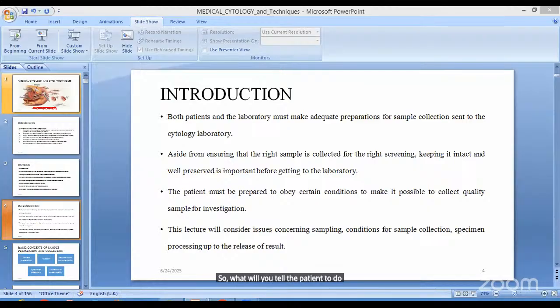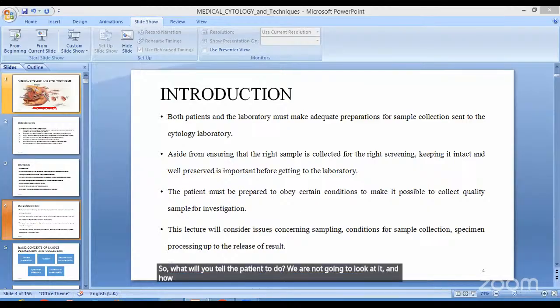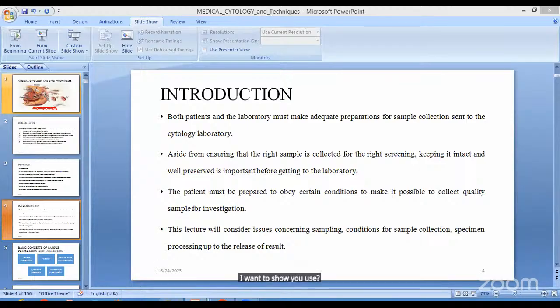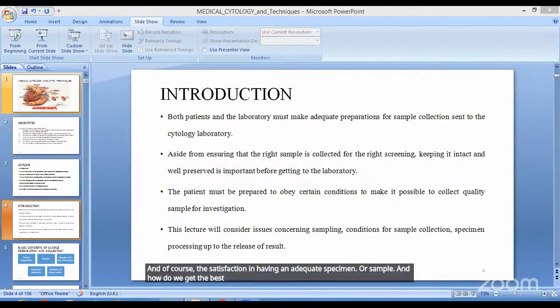We are going to look at it. And how should you handle the specimen? What should you use to fix the specimen? And of course, how do you ensure that everything you did is documented? And of course, the satisfaction in having an adequate specimen or sample. And how do we get the best from it? I mean, optimizing what we have.